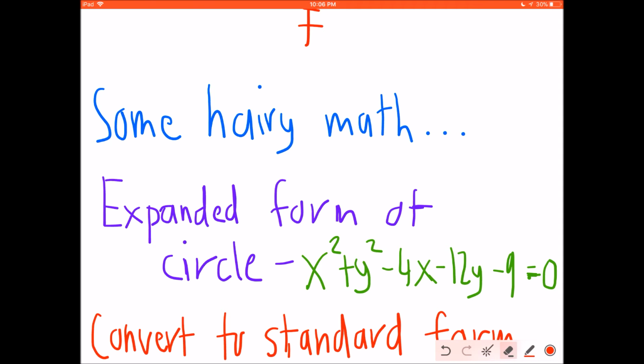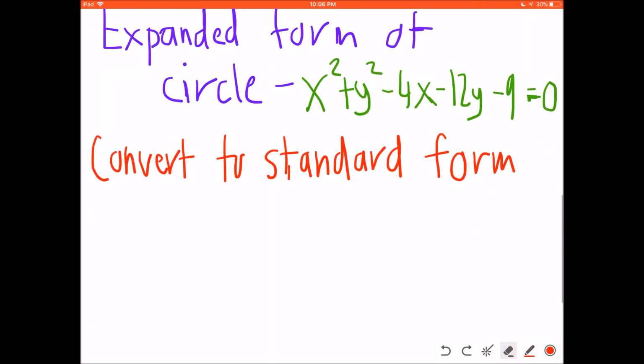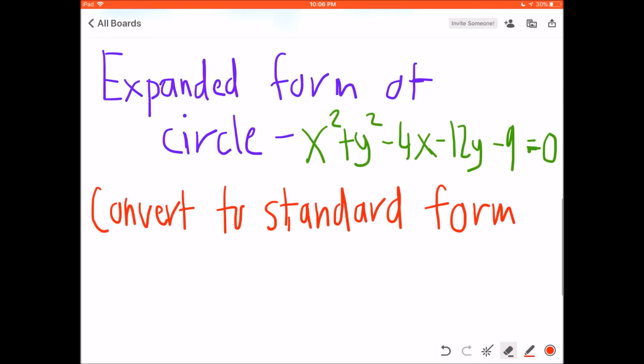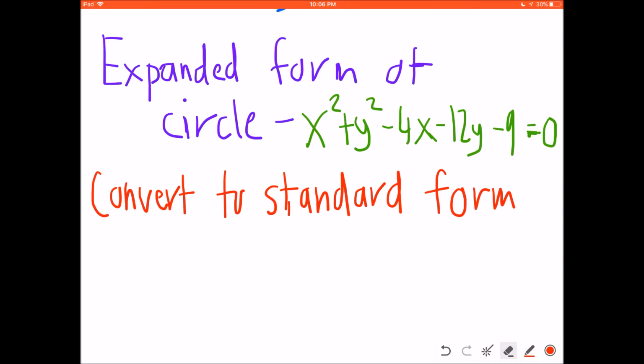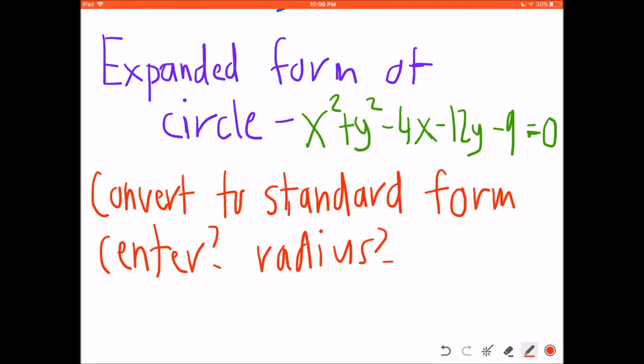And there's a way to solve this. Don't worry, guys. If they give you an expanded form of the circle and tell you to convert to standard form, and maybe ask for the center or radius, there's a way. I'll just erase it so I can start doing the math here.